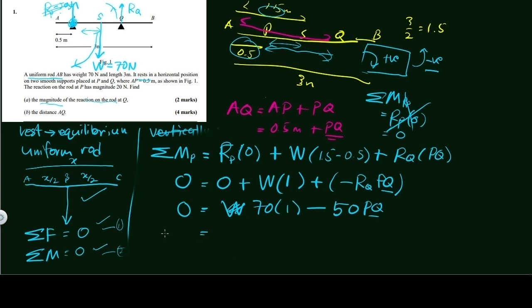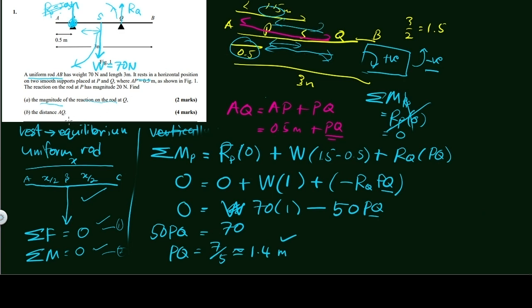So 50 PQ equals 70, and PQ equals 7 divided by 5, or 1.4 meter. This is the distance from P to Q.